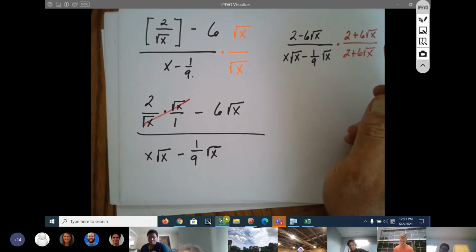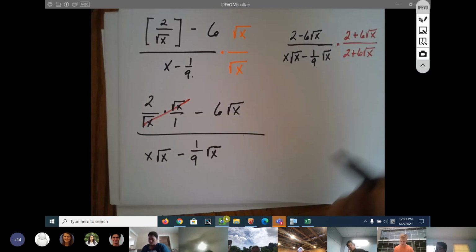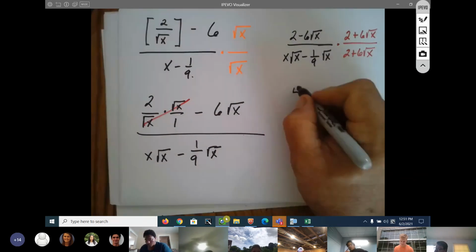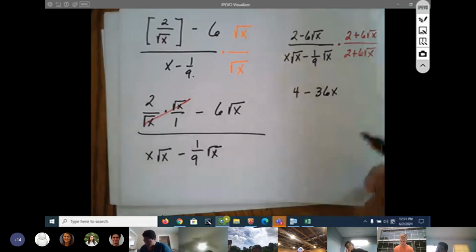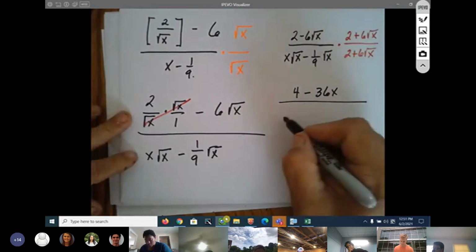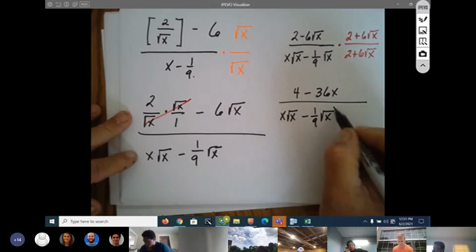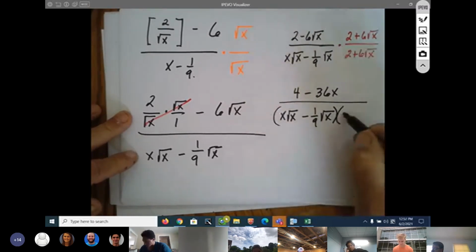I believe that's going to be 4 minus 36x. See what y'all get. Over a big cluster, I'm just going to write it x times the square root of x minus 1/9 square root of x, 2 plus 6 square root of x.